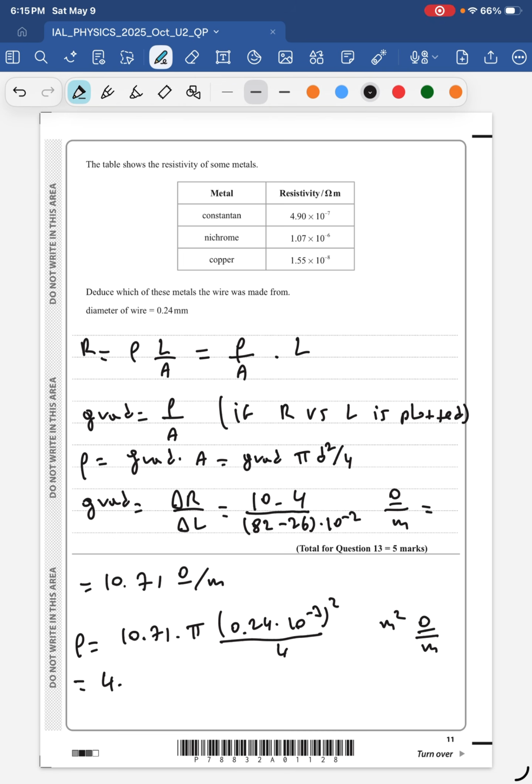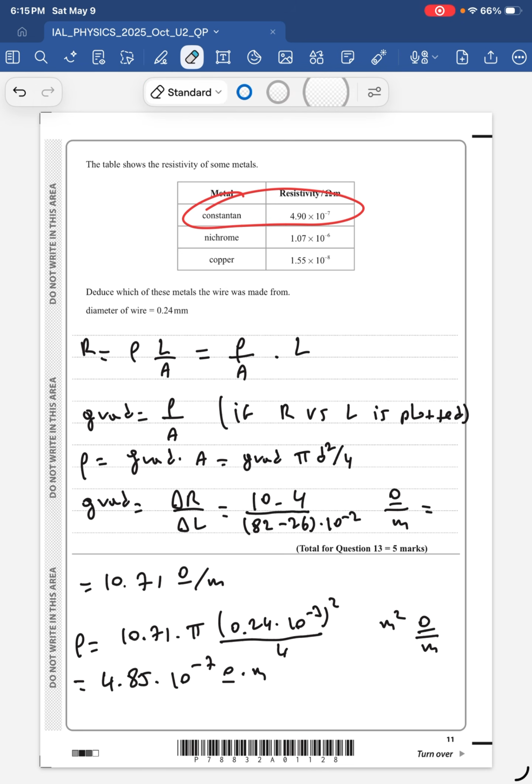And the answer is 4.85 times 10 to the negative 7 ohm meters, which means that it's constantan. Very close to what we found. I hope this is clear. We're ready to move on to the next question.